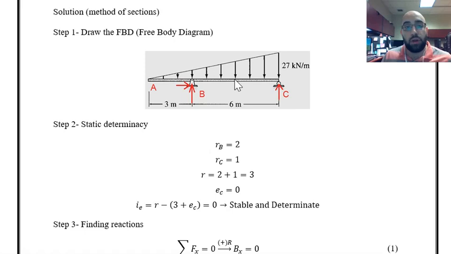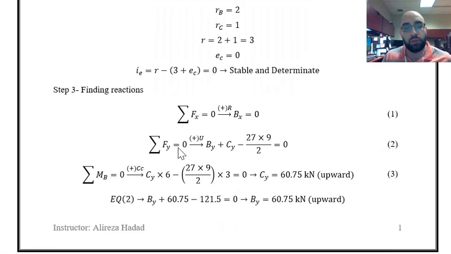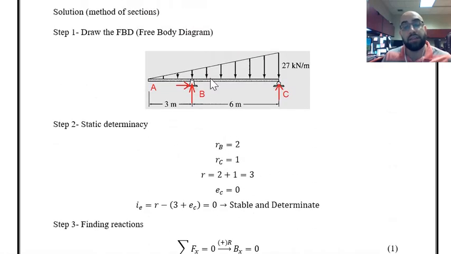The amount of load under this loading is equal to the area under the load, which is 27 multiplied by 9 divided by 2. And then I have to find the centroid of this loading and find the distance from the centroid to the point where I'm calculating the moments about.